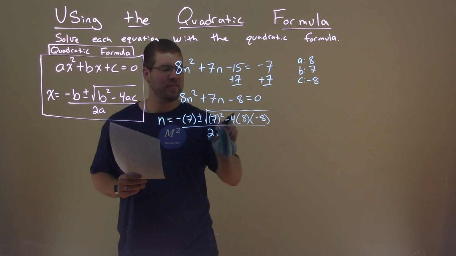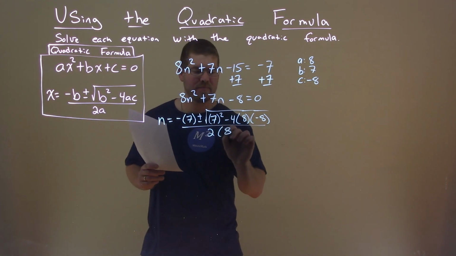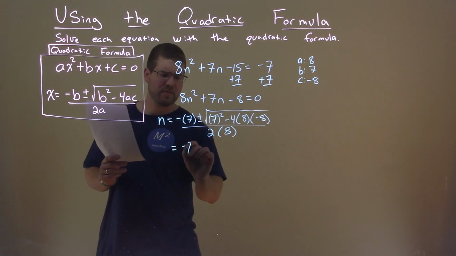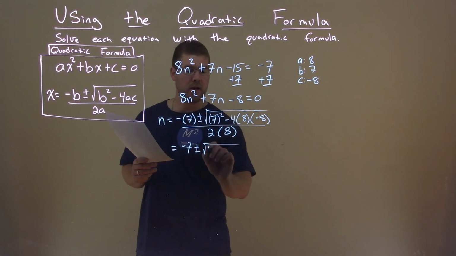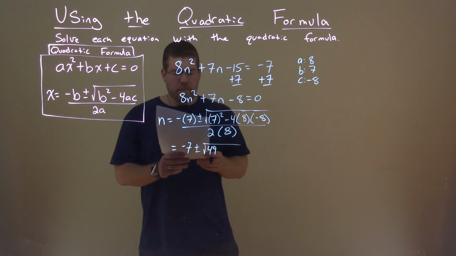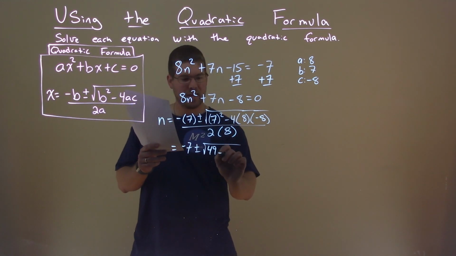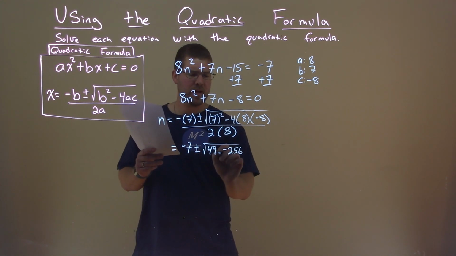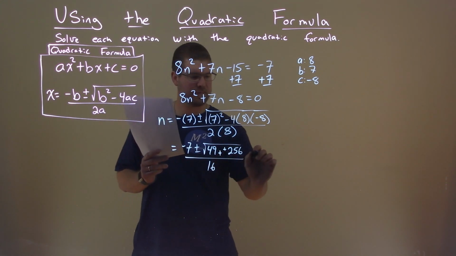I always do that when it's 8's and a's. 2 times 8. Okay, so let's go simplify this. Minus 7 stays there, plus or minus. Take our time here. 7 squared is 49. Minus, well, what's 4 times 8 times negative 8? That's a negative 256. And minus a negative is adding a positive. 2 times 8 is 16.